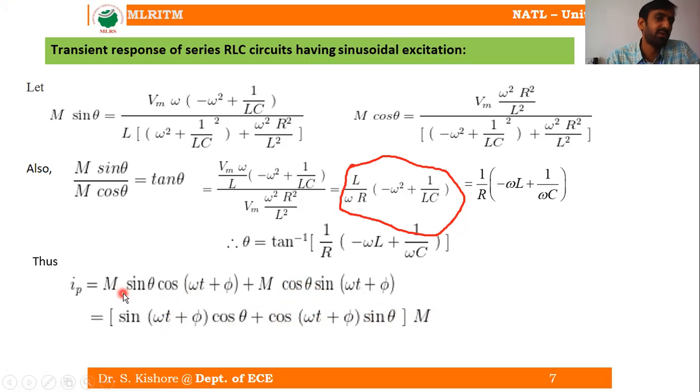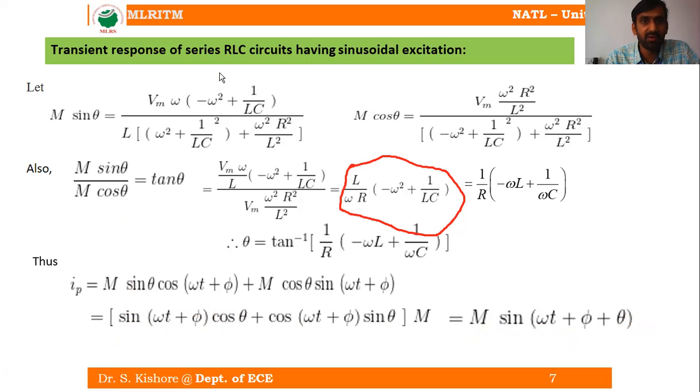So what is this expression here? This is in the form of sin A cos B plus cos A sin B. So what is the trigonometric function for this? Sin of A plus B. What is A? Omega t plus phi plus theta, right? So you can observe this one.